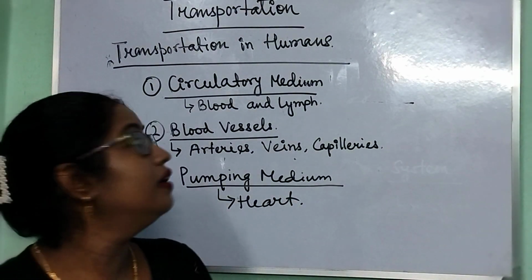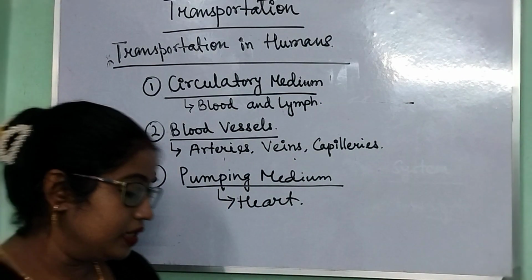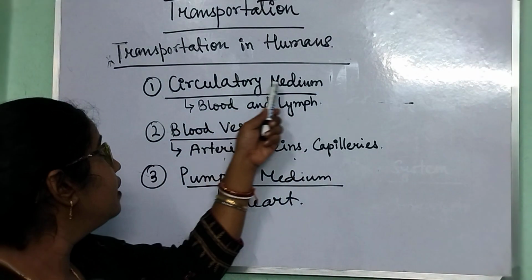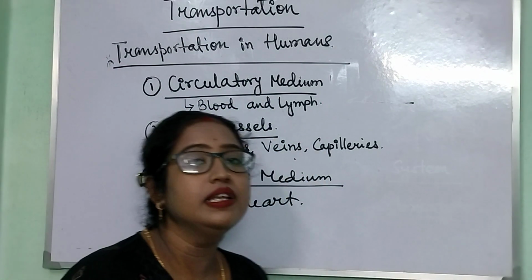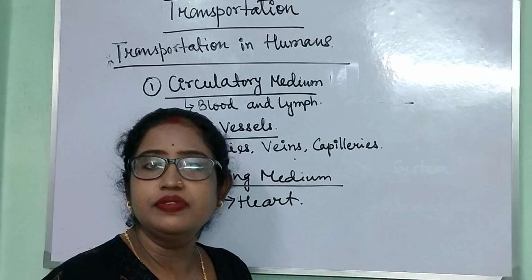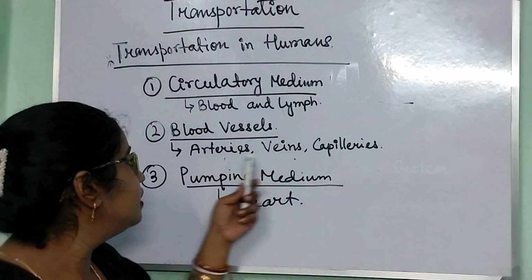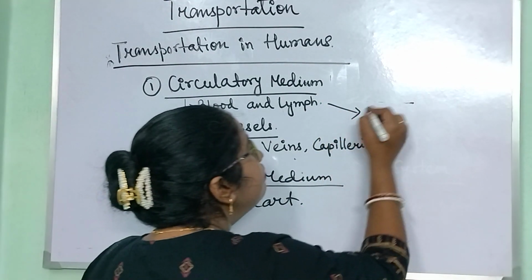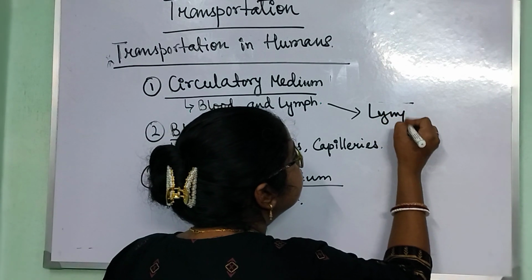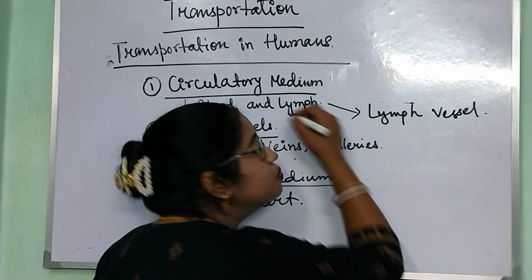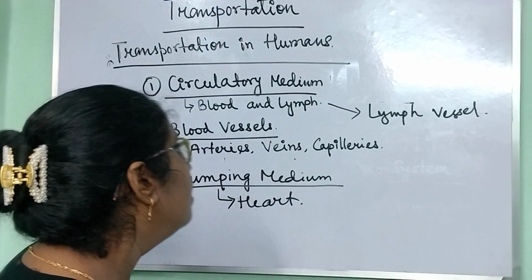So there are three parts of the circulatory system in the human body. The first one is the circulatory medium, which contains blood and lymph. The second thing is the vessels. Blood vessels include arteries, veins and capillaries, and there is also a lymph vessel to transport the lymph.